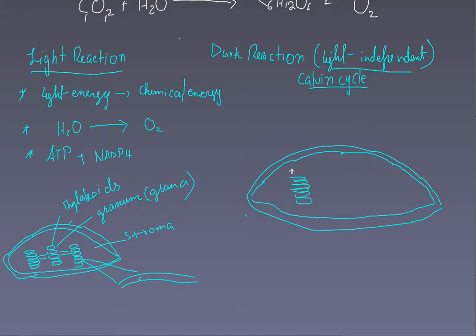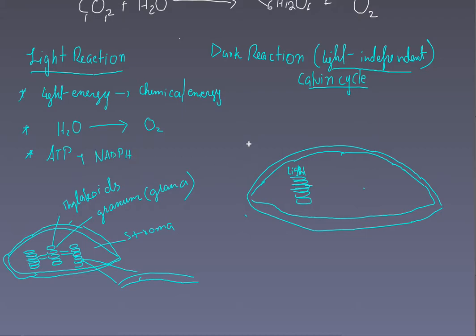So the light reaction occurs here. This is the place where the light reaction occurs, and the stroma is this fluid, this base right here, filled with fluid called stroma, and in this place the dark reaction occurs. So we convert light energy into chemical energy, and water into oxygen, and ATP and NADPH.